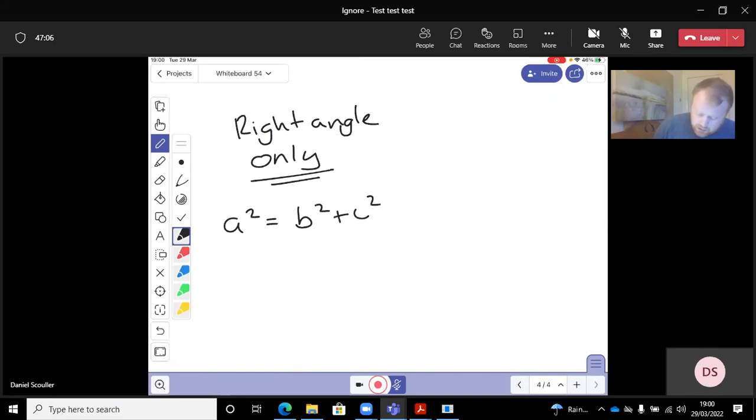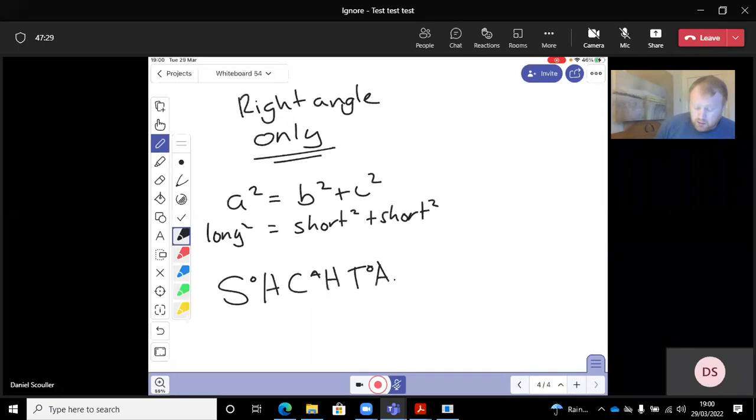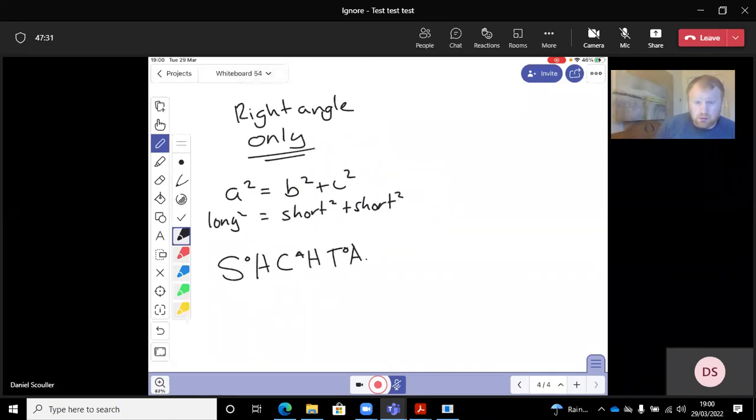Where a squared is the long side, so your hypotenuse, and your b and your c were your 2 short sides. That is right angle only. So is this, when we did that. They are for right angle only.